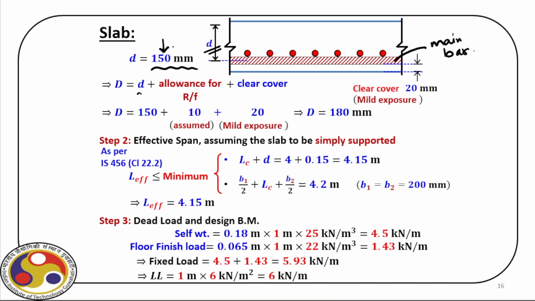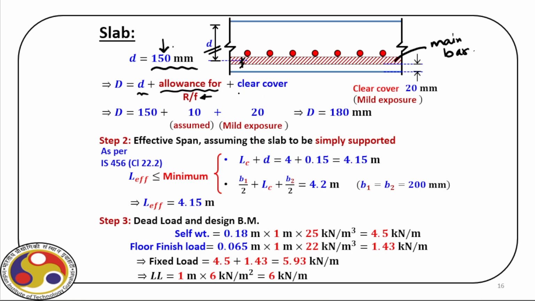It is small d plus allowance for reinforcement. So we have to have this half the diameter here. That is the allowance for reinforcement. As of now, we do not know the diameter of the reinforcement, so we will assume something and then we'll check whether that assumption is okay or not at the end of the design. If not, we have to readjust.